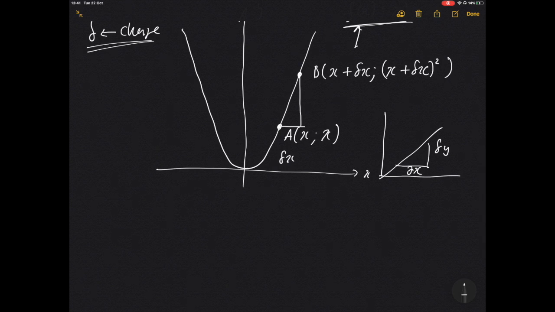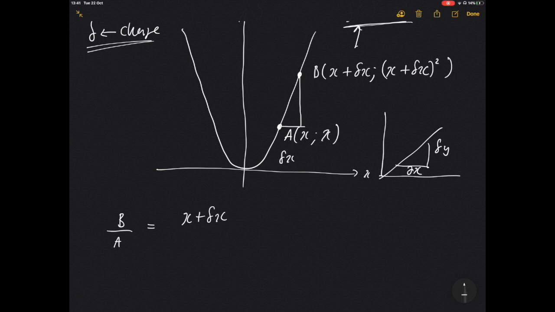So we can begin to describe what our locations are. Maybe we put our B here, our change in y over our change in x. So that would be x plus delta x, which is our change in y.